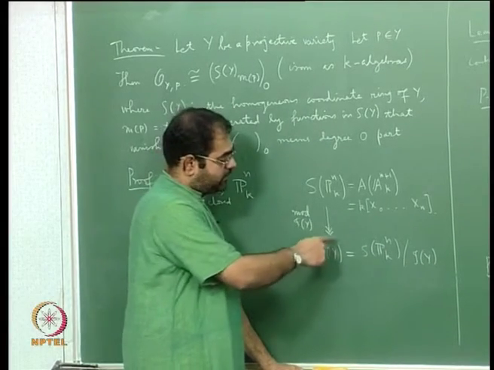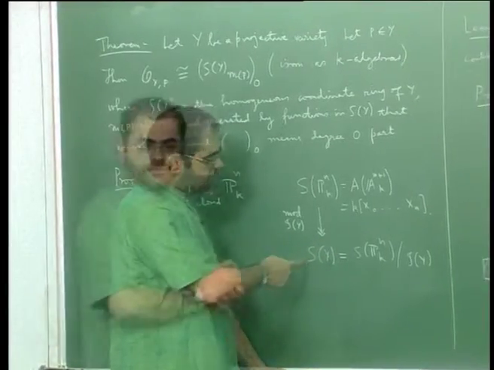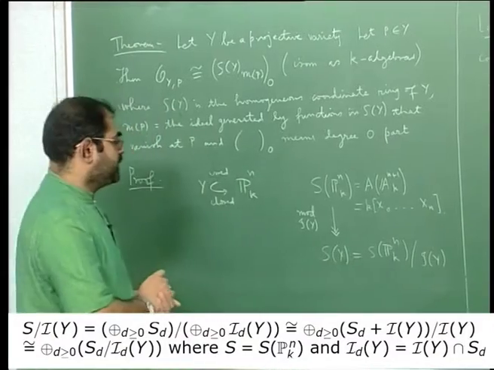So S_Y is also a graded ring, and the gradation is simply given by reading mod I_Y.